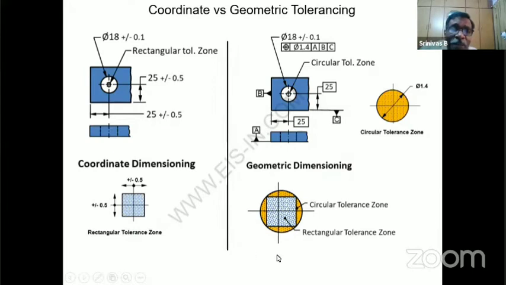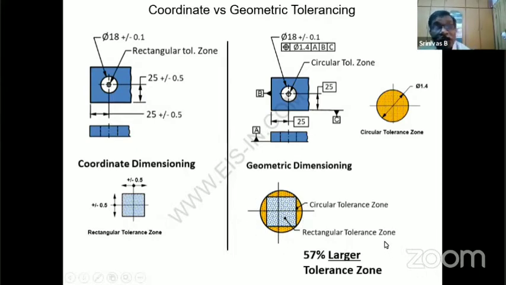Then how is it acceptable here? At 0.7, it is acceptable here. It must be acceptable here also, all along. Ladies and gentlemen, what is the additional tolerance we are getting? 57%, mind-blowing additional tolerance we are getting just by converting the conventional dimensioning to GD&T. Am I right, sir? This is the beauty of this.